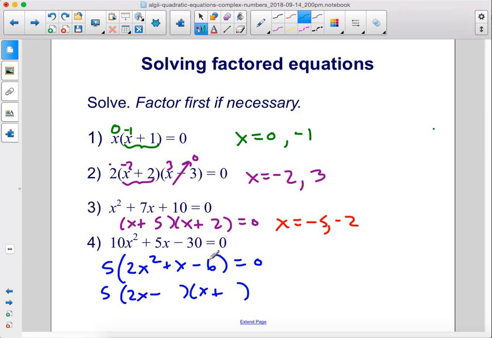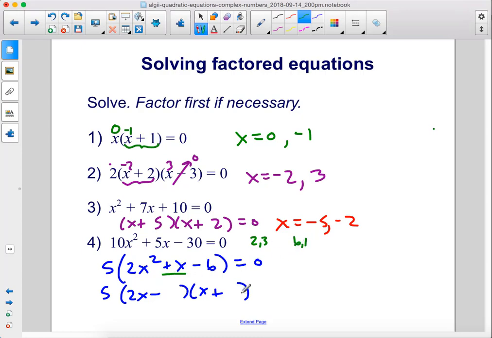So let's try numbers that multiply together to get 6. We're going to have 2 and 3, or 6 and 1. Now I feel like 2 and 3 are going to be the numbers, because with 6 and 1, if we multiply 6 times 2, we'll have 12, which is way larger than the number we're going for, which is positive 1 when you're adding them together.